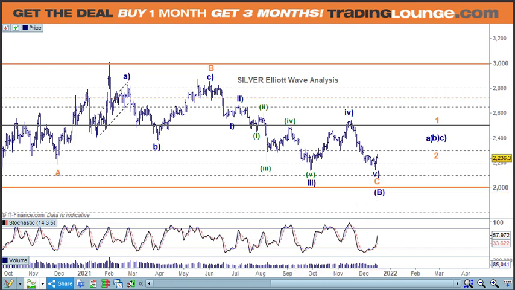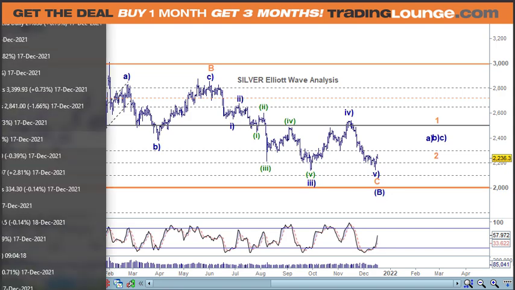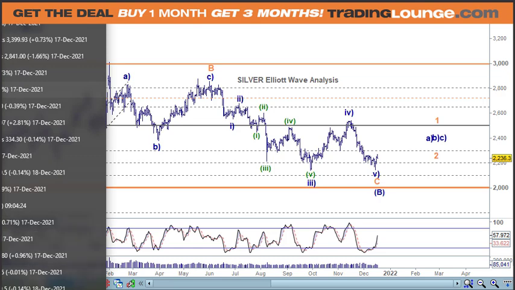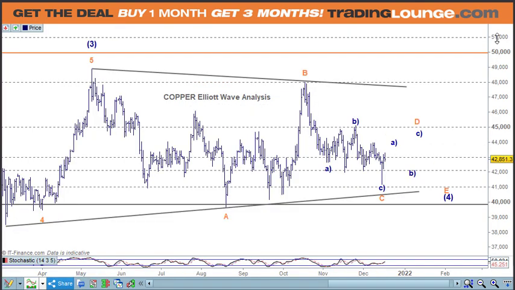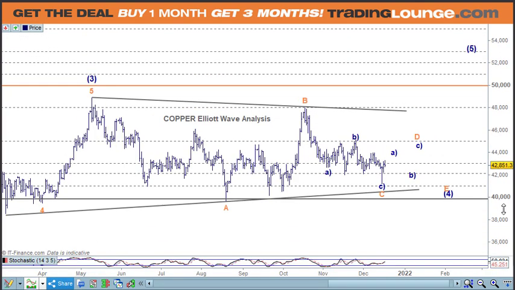Okay, so I want to have a look at copper. Where's copper? Okay, so we've got wave 3 over here, and we're definitely in some type of sideways correction here, because we're in lots of 3s.